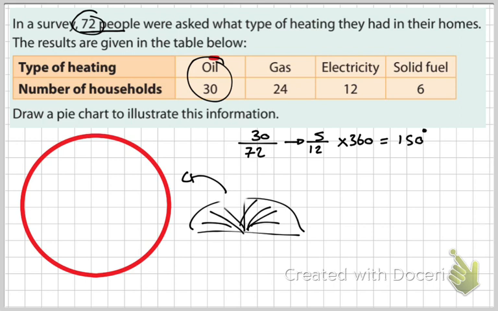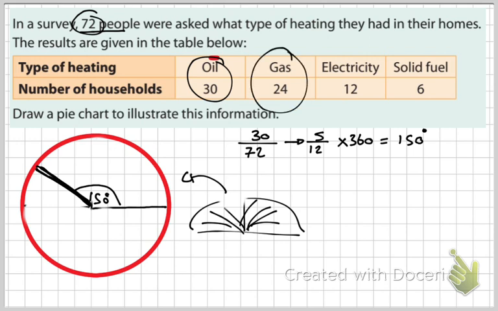So I need to draw 150 degrees in for this one. If this would be 90, 150 is somewhere around there. This has been drawn roughly by hand, so you'd be drawing a little bit more accurately with your protractor. So this is roughly 150 degrees.